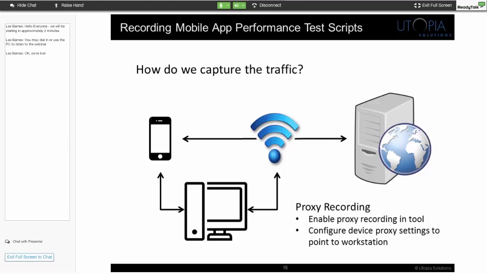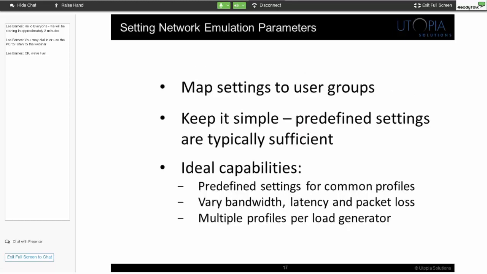So we point the traffic that's coming out of the device through a proxy machine where our load test software is running, and then we can capture that traffic that way. And then, of course, just like we're used to, we can manipulate that traffic to better represent real users. We can parameterize data, we can vary timing, etc.